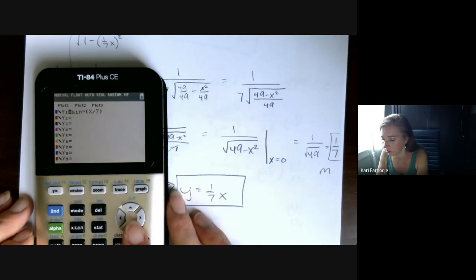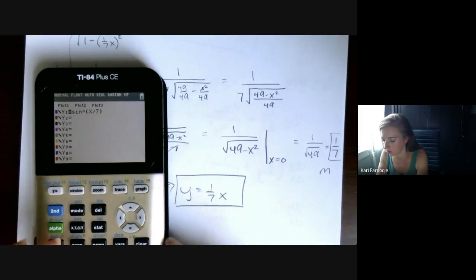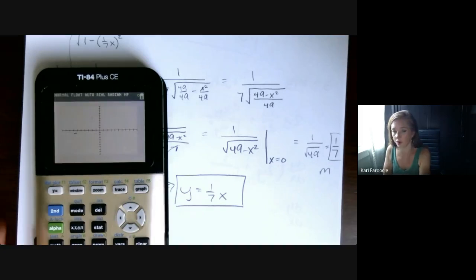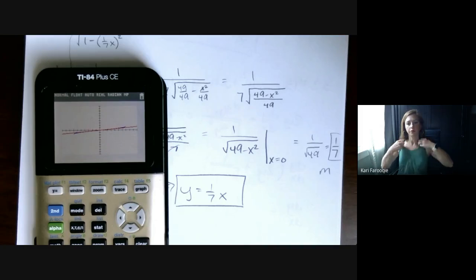And then you can even enter the equation for your tangent line, 1/7 x. And I'm just going to zoom standard because who knows what we're going to be dealing with here. And there's your inverse sine function, and there's your tangent line. So you pick the graph. Other questions on that one or questions on other homework problems?